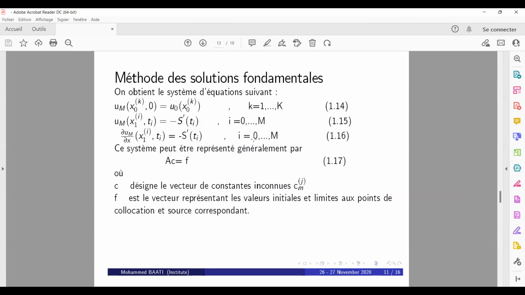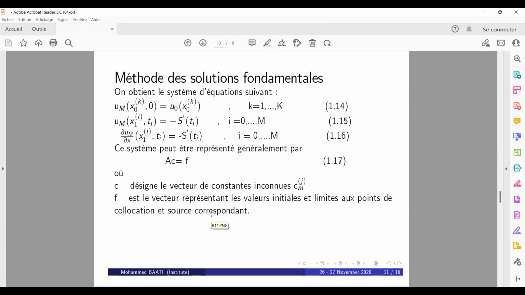Donc, la méthode des solutions fondamentales obtient le système d'équations suivant. Ce système peut être représenté en général par un système linéaire AC égale à F, tel que C désigne le vecteur de constantes inconnues qui doit être déterminé après, et F le vecteur représentant les valeurs initiales et limites aux points de collocation et de source.